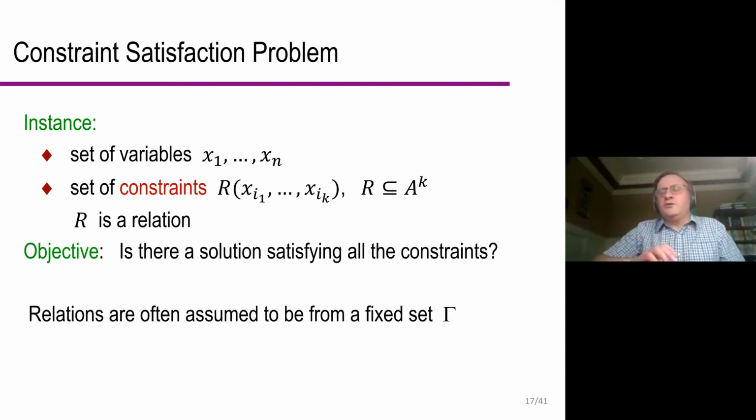And this is going to be our CSP, constraint satisfaction problem. In this case, the notation for CSP would be CSP of gamma. So this simply means that I fix a constraint language, a bunch of relations on a certain set, say A, for instance, and in my constraint satisfaction problems, I'm only allowed to use relations from that set, nothing else.